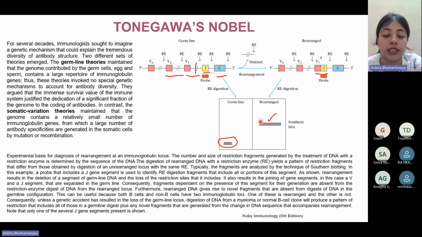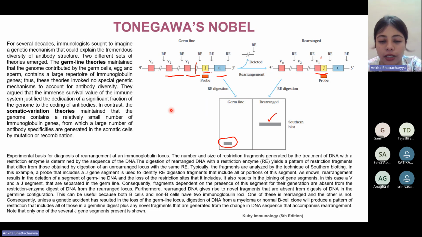Also, it results in joining of gene segments. In this case, it has been represented as a joining between a V and a J gene segment that are separated in the germline. Consequently, fragments that depend on the presence of this segment for their generation are absent from the rearranged locus. As a result, the rearranged DNA gives rise to novel fragments that are absent from the germline DNA digest.